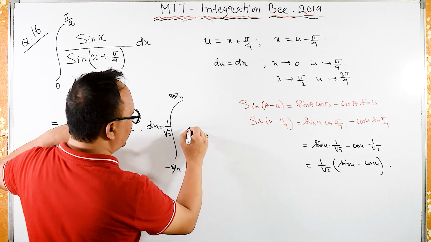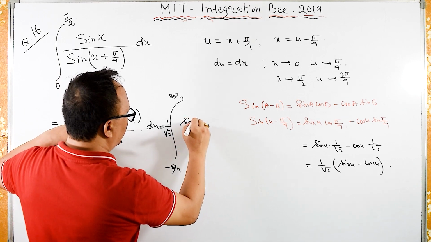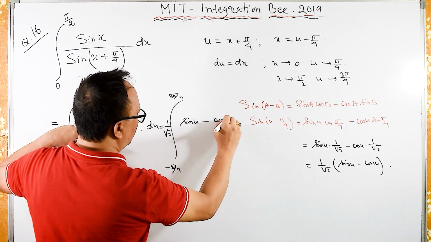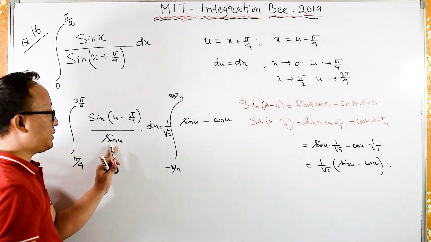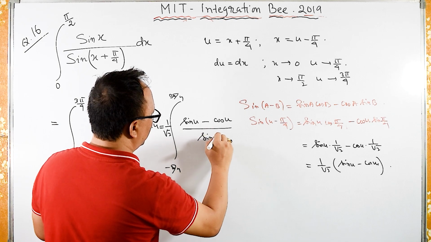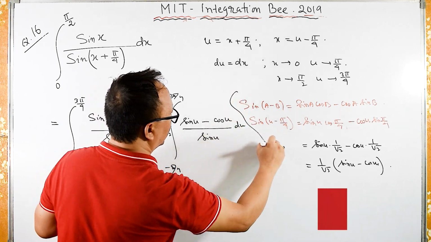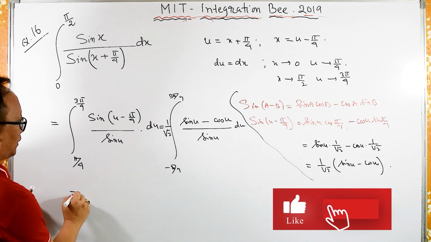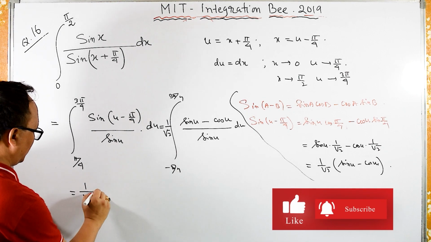This is the same as sine of u minus cos of u upon sine u, into du.